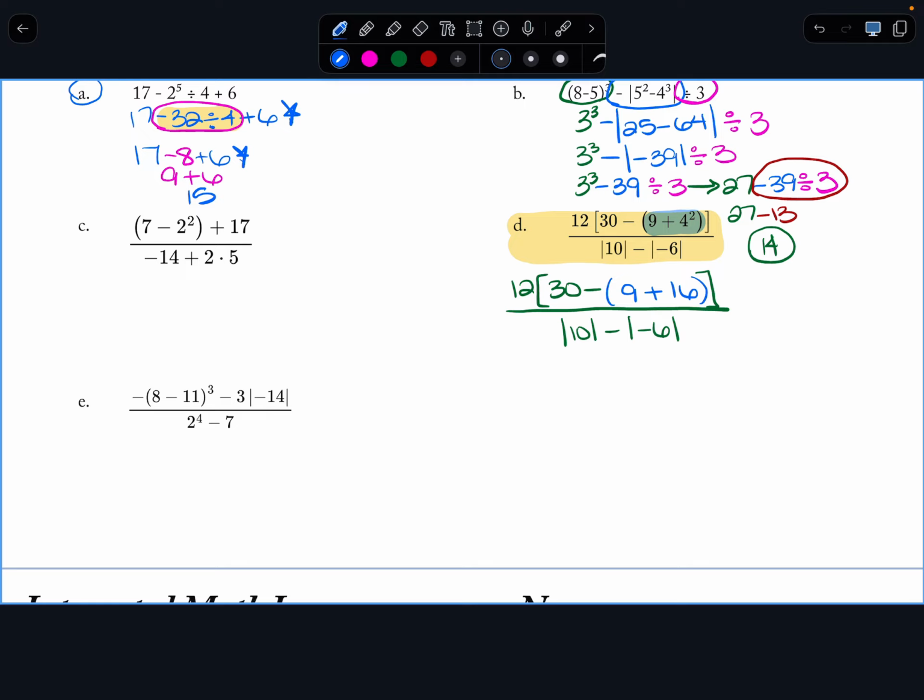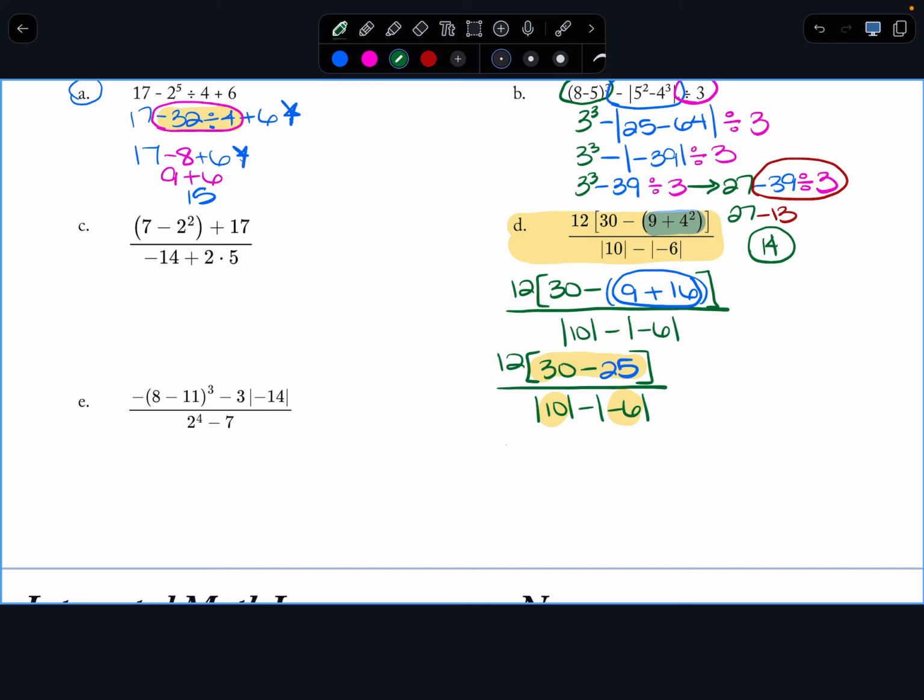So my 9 plus 16 gives me a 25. So I have 12 times 30 minus 25, all over absolute value of 10 minus absolute value of negative 6. Now, I'm going to do all of my parentheses, including my square bracket and my absolute values. I can do all of them.